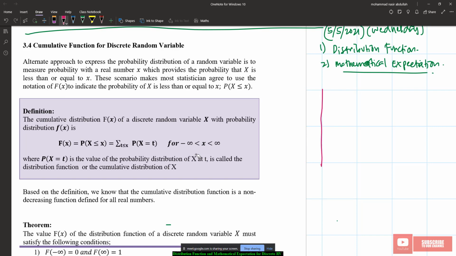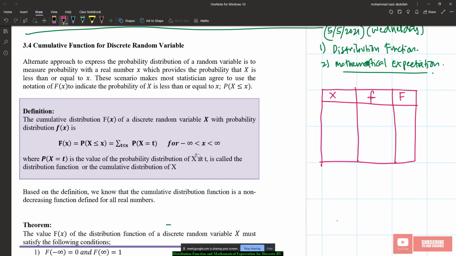On the frequency table we have the x value, the frequency value, and the last one is cumulative frequency, and the symbol for cumulative frequency is capital F. If you are trying to find the probability distribution, we use f(x), the small letter f. If you want to find the cumulative function, we use capital letter F, right?